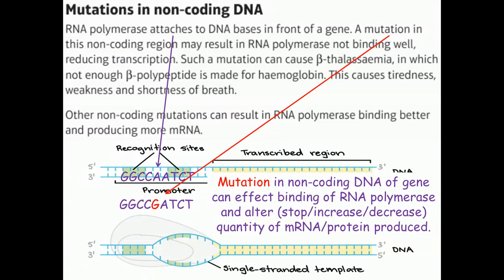So the amount of protein produced could be affected by a mutation happening in the non-coding region in front of the gene.